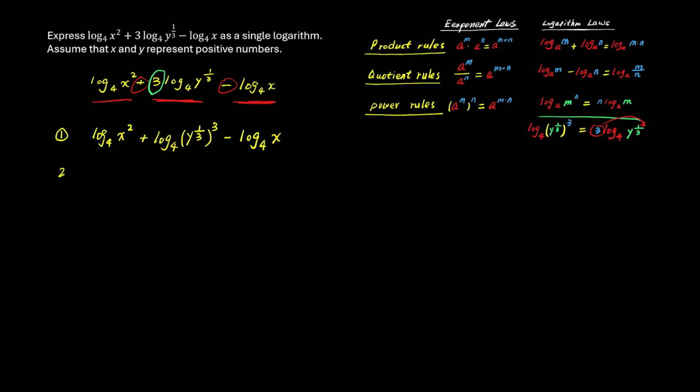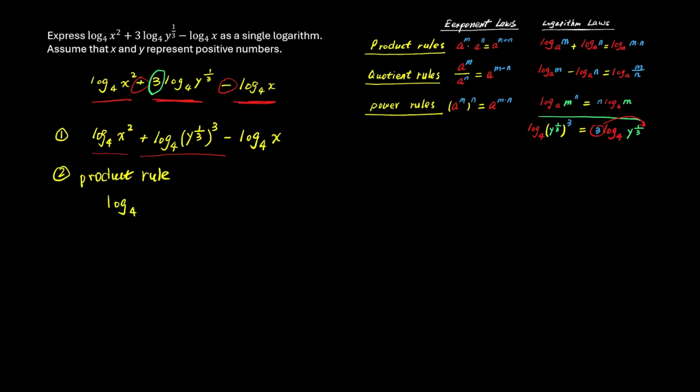Now in the second step, let's use the product rule to combine the first two terms. The product rule says we can add two log terms by multiplying their arguments.